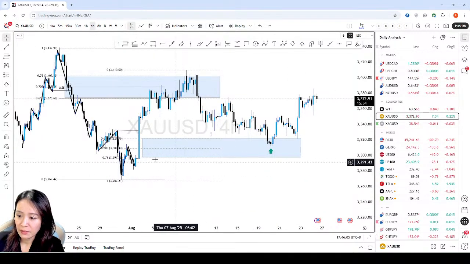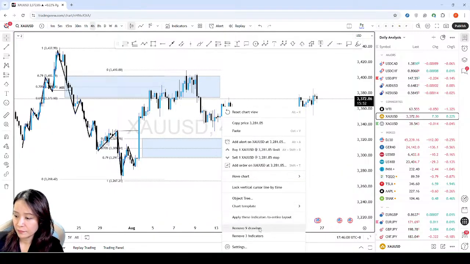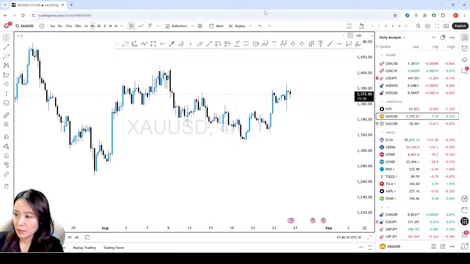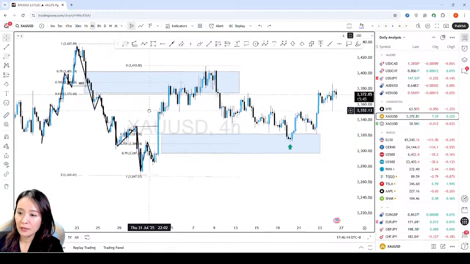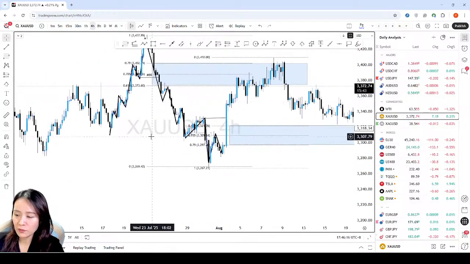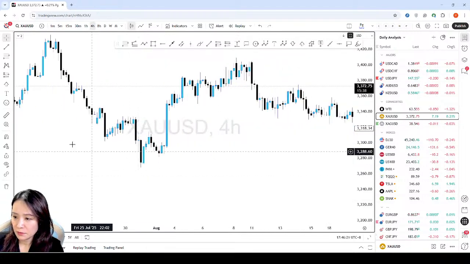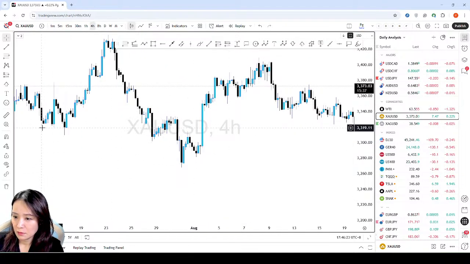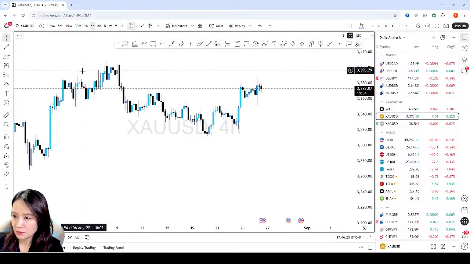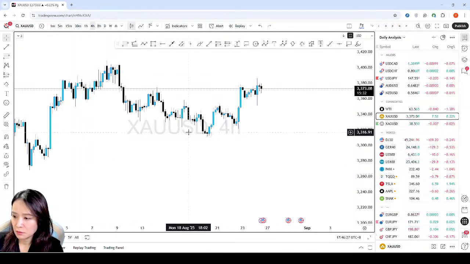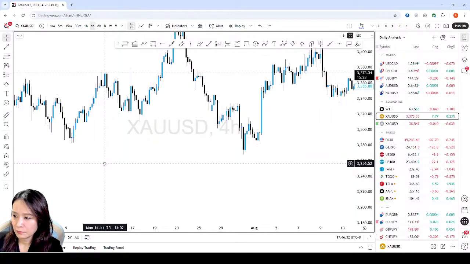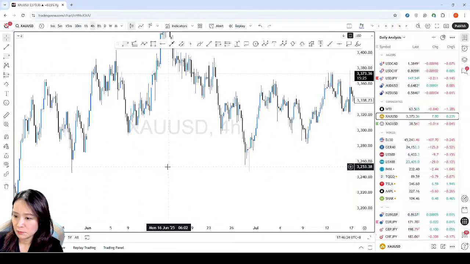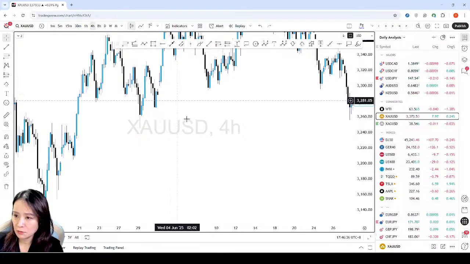Okay, here. Let's say, okay, this one is too fast, you can let me know. Let's say price goes to a key level, which is like the zone is very big. Let me go find the zones.